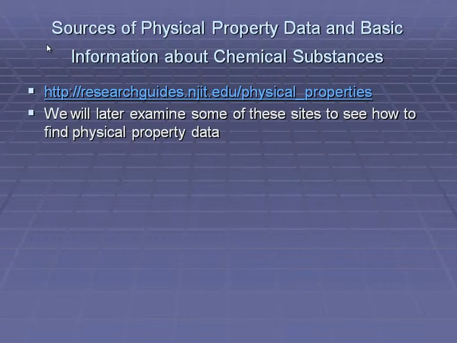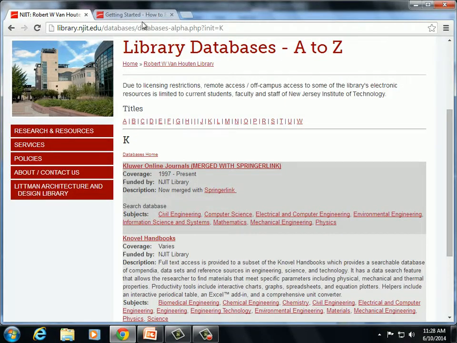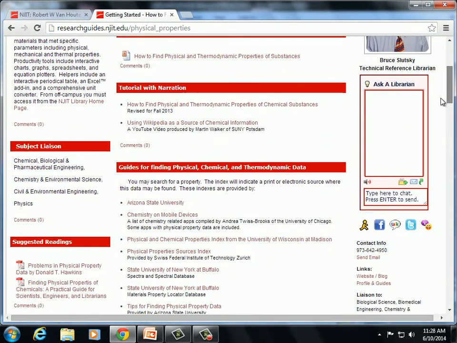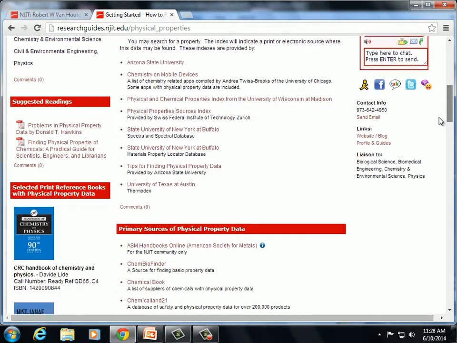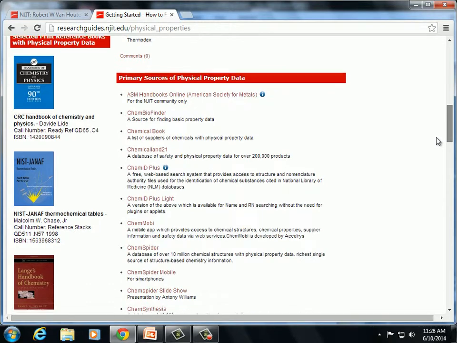I have here a research guide on physical properties. Let's take a quick look at it now, but I'm certainly going to refer to it later. So we go back to here. This is a list of data sources that I have here at NJIT. I really compiled this over many years.